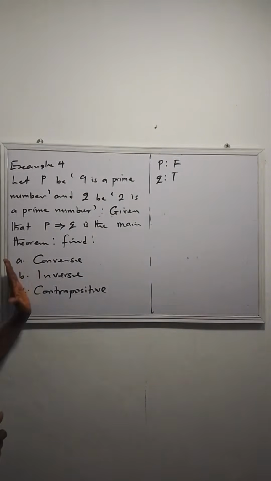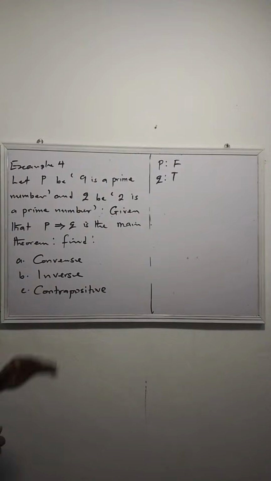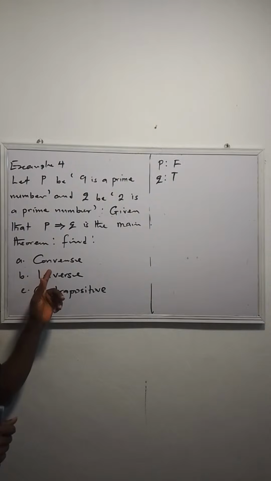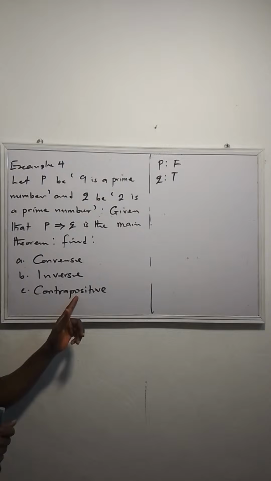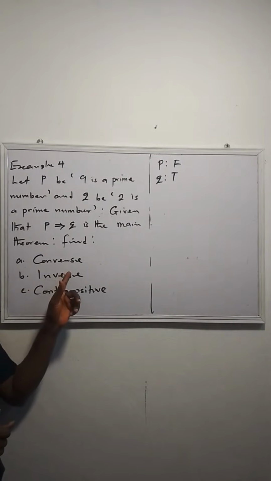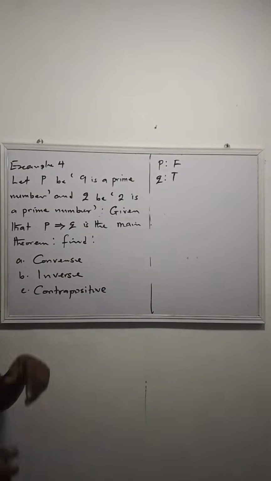Now let us move down here. You have been given the main theorem. To find the value of the converse, inverse, and contrapositive, you must know the mathematical interpretation of each.